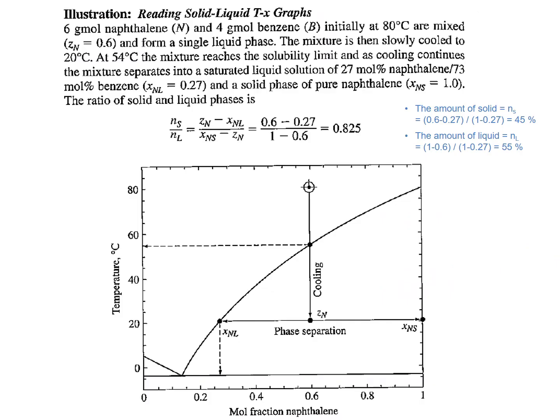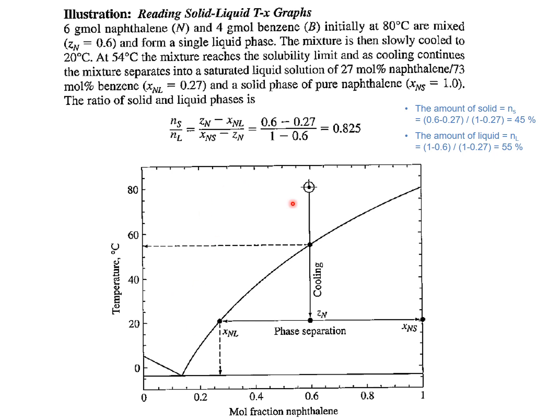Based on understanding the eutectic diagram of naphthalene in benzene, let me try to calculate some values about the composition and the amount of each phase.